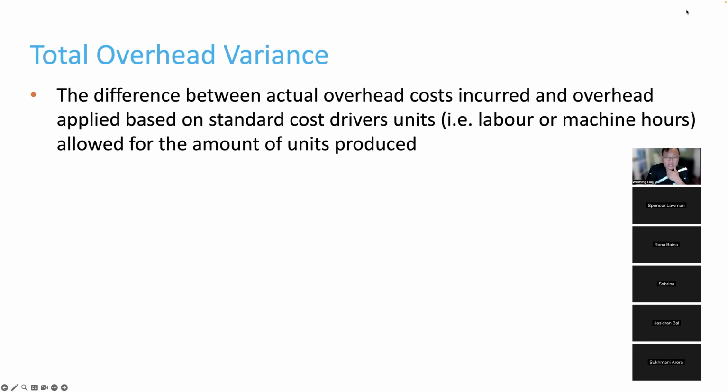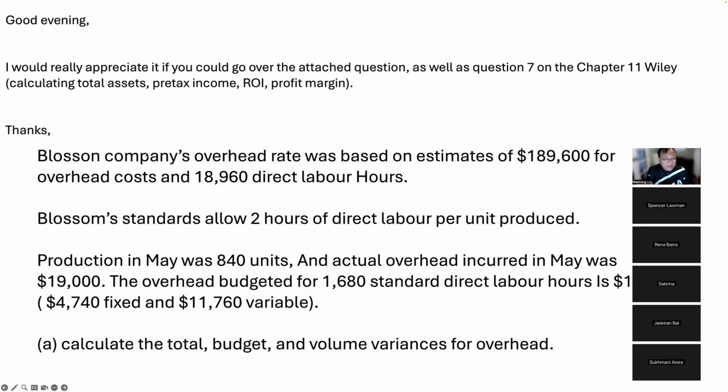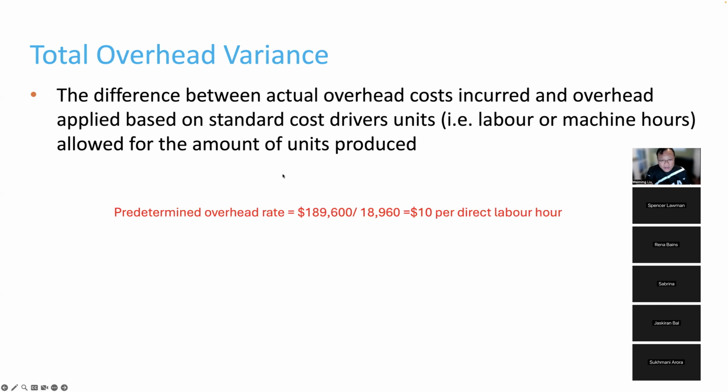We can calculate the predetermined overhead rate. We were given the company overhead rate based on this cost number and this total direct labor hours. Using division, the predetermined overhead rate is $10 per direct labor hour.